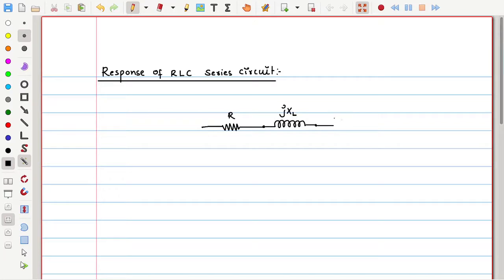Similarly, we have a capacitor whose capacitance is C, but its impedance in an AC system is minus jXC, and these three elements are connected in series like this.